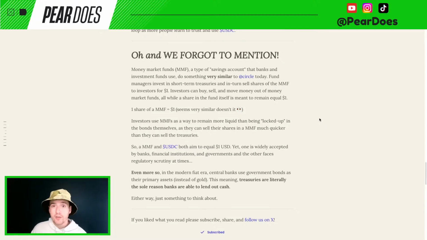That is figurative. It doesn't mean that we're actually going to the mint and printing more U.S. dollars, but they're creating more treasuries whenever they want to pay back debts that we still have. So either way, that's just something to think about when considering USDC, to know that it's very similar to something that we use every day, that these large institutions are using every day.